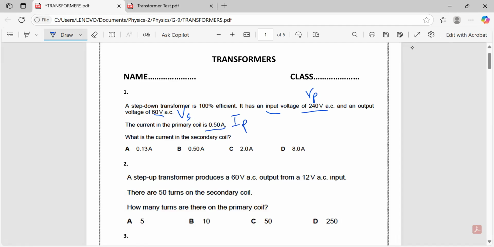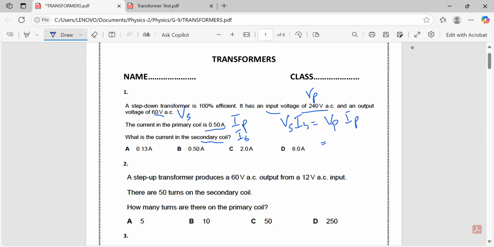So you can write it like this: IP is the current in the primary coil, and we have to figure out IS, the current in the secondary coil. Very easy. You have to use the equation VS IS equals VP IP.